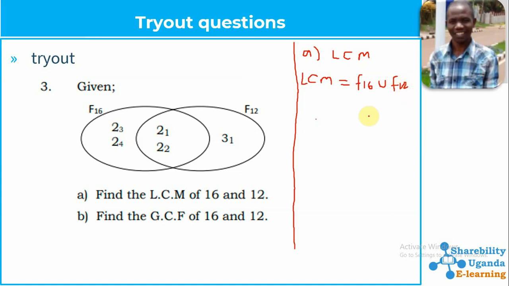That's what we shall do. To get the lowest common multiple, we use a formula: the prime factors of 16, which is this one, union the prime factors of 12.